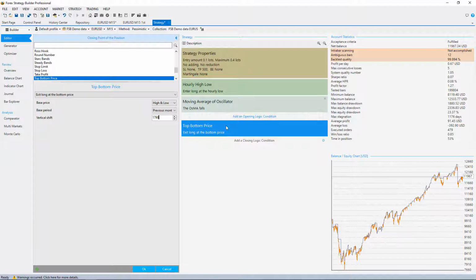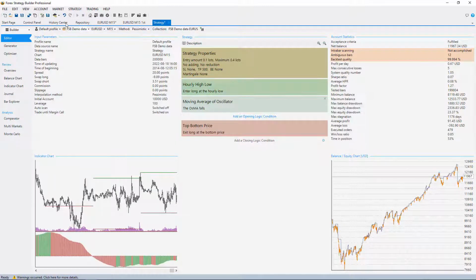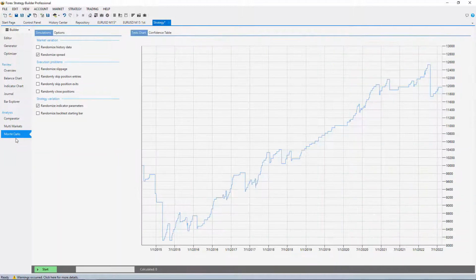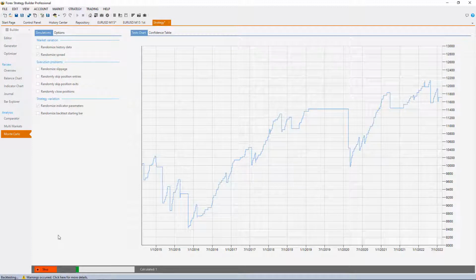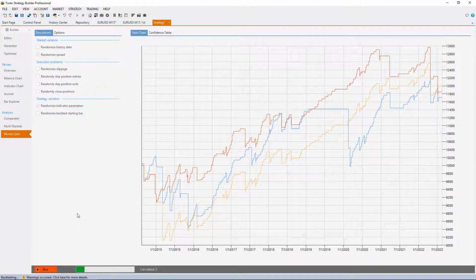It is okay. And now I will not look through the indicator chart anymore, but I will go through the Monte Carlo and I will run it straight away for the randomized spread and the randomized indicator parameters, which I said that for me logically are the ones I prefer to check out before exporting this strategy as an expert advisor and trading with it.